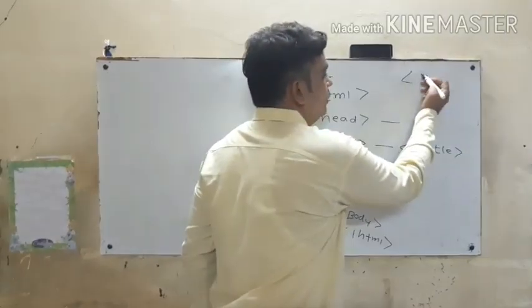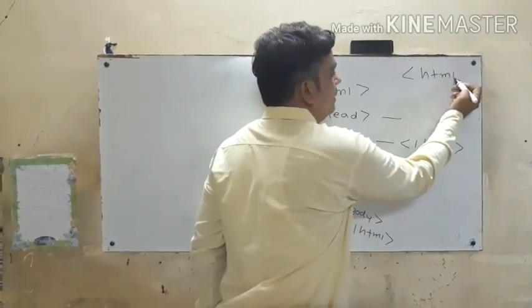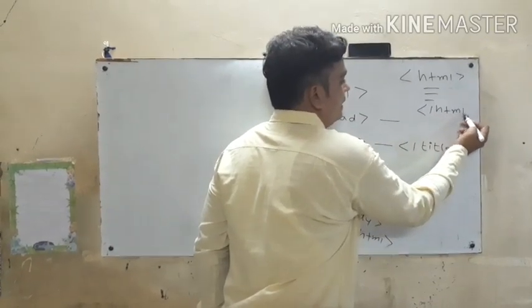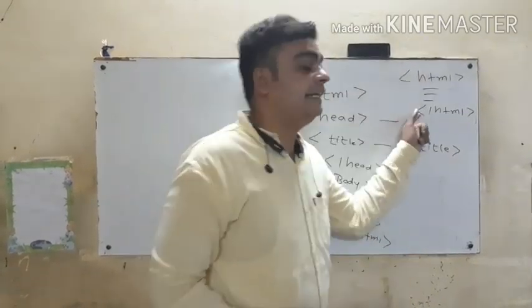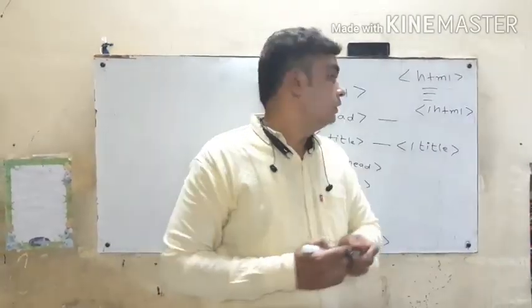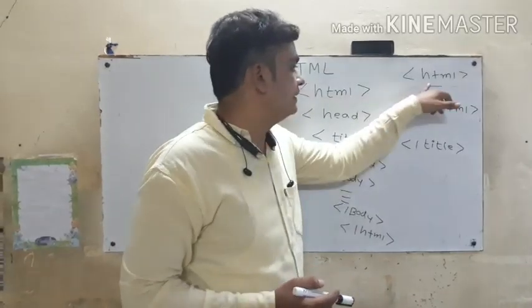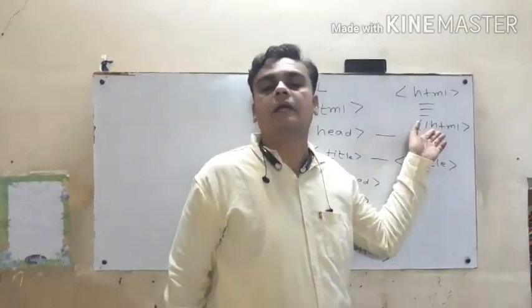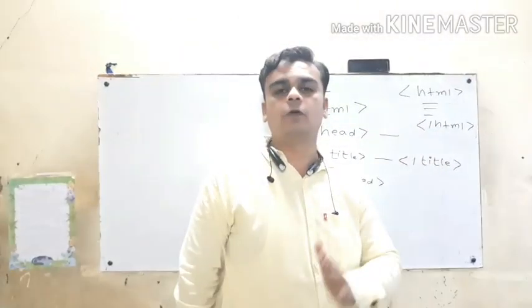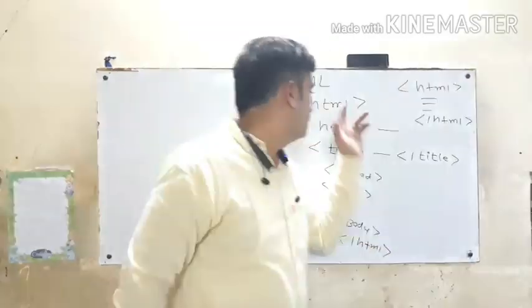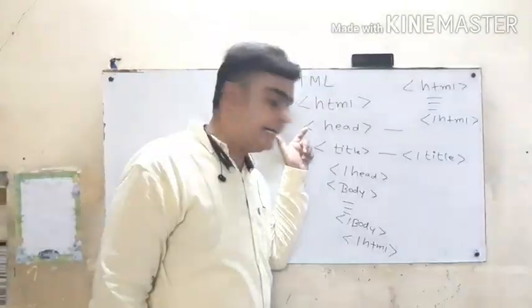So here I am going to mention the syntax: HTML, then dash dash, and then slash HTML. So this is called syntax, or you can say the format to write the program. So the remaining tags are present between HTML and slash HTML. Thereafter, we are going to write its example. So these are the 4 to 5 points we should cover. Got it?